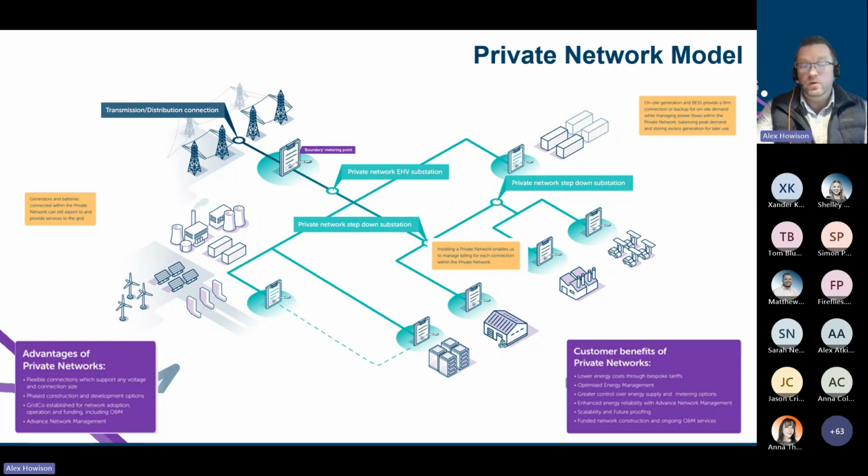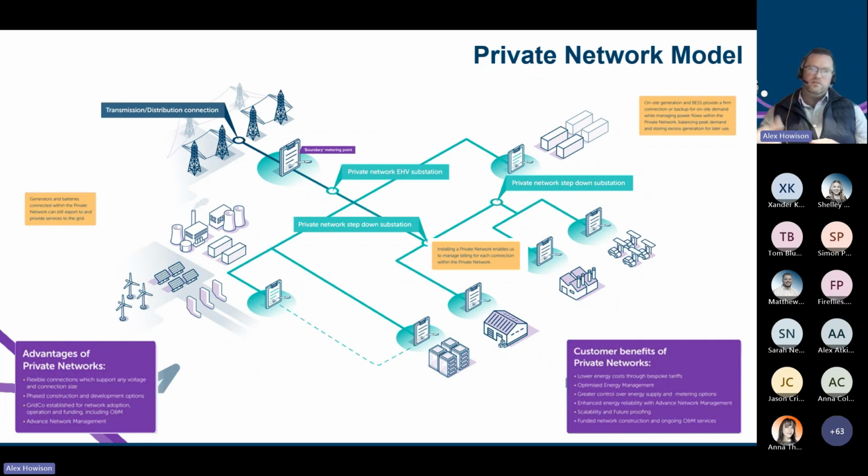We can also apply similar optimization systems to private networks as we'd expect to install within microgrids. So the ability to manage load flows within the private network between generation and demand, and optimize how energy is consumed within the private network so that cheaper, low cost, locally generated energy is consumed first, as opposed to drawing on the more expensive energy provided by the grid.